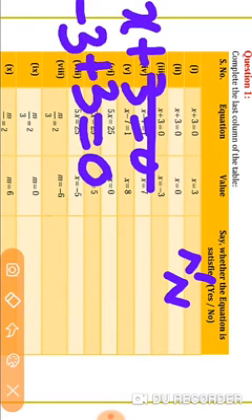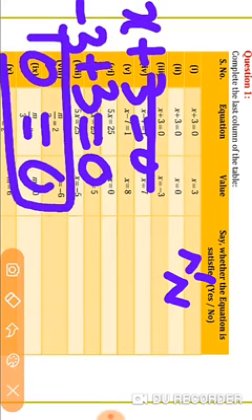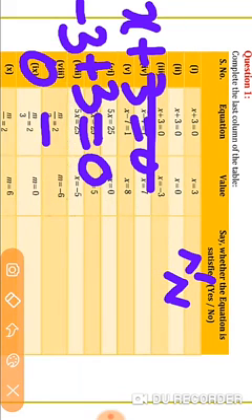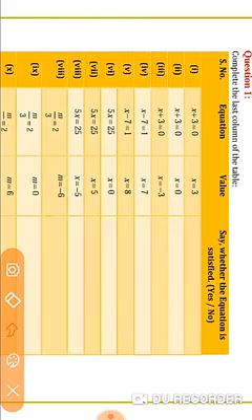See, minus 3 plus 3 becomes 0, or not? Yes, it becomes 0, so LHS equals RHS. So this is satisfied, and we must write yes. This is how you must write the answers here, yes or no, by calculating.